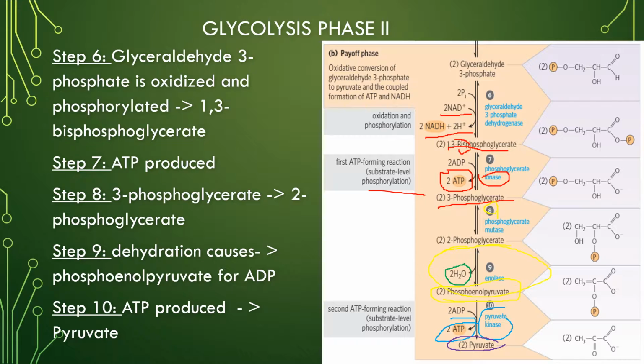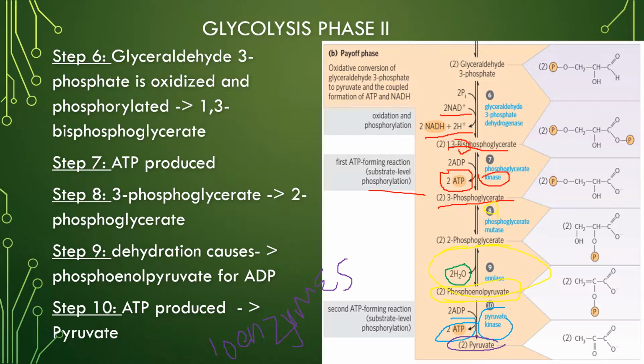Okay, so if you notice, there were 1, 2, 3, 4, 5 more enzymes in phase 2. So that is a total of 10 enzymes that were just used in glycolysis alone. And that is pretty amazing.